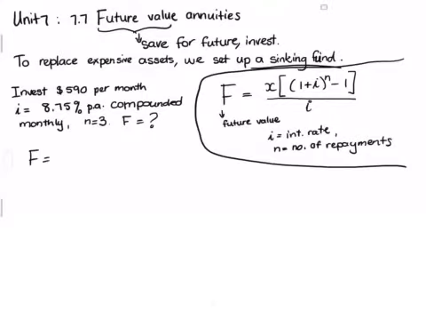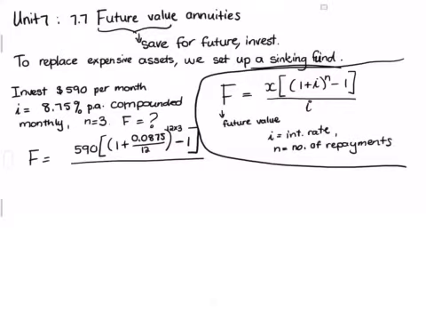Right, so you're just going to stick it into your formula, but using common sense. This is then 0.0875 over 12, because it's monthly, to the power of 12 times 3. I will be making 36 payments. Remember your -1, remember all your brackets in position.